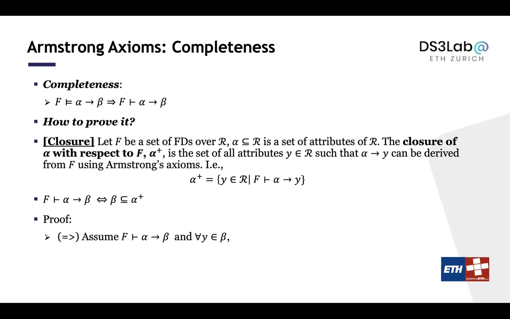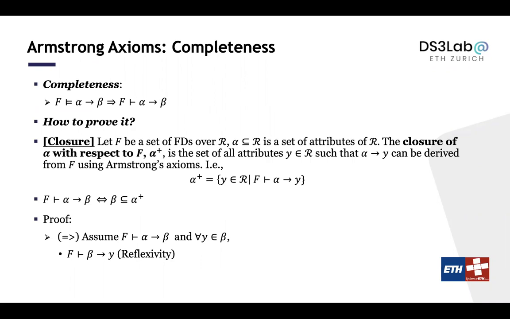You first prove from left to right. Assuming that given F, you can derive alpha to beta by applying Armstrong's axioms, and you give me any Y in beta, I want to prove that Y is part of the closure.